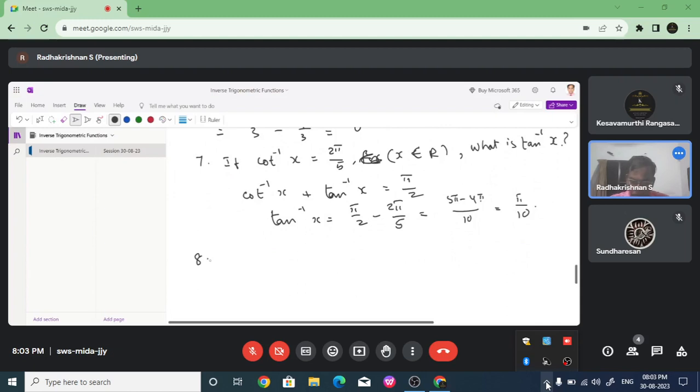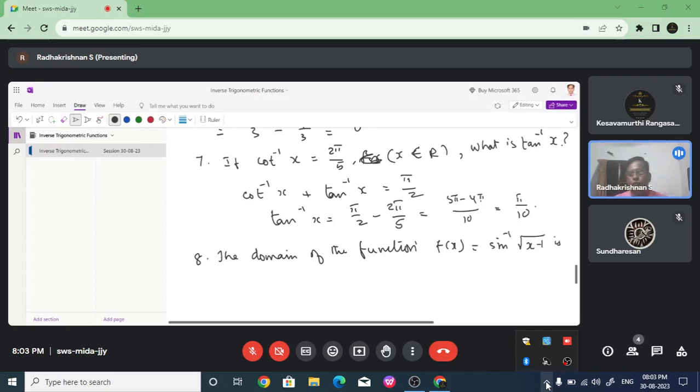Next problem. The domain of the function f of x equal to sine inverse of root of x minus 1 is.